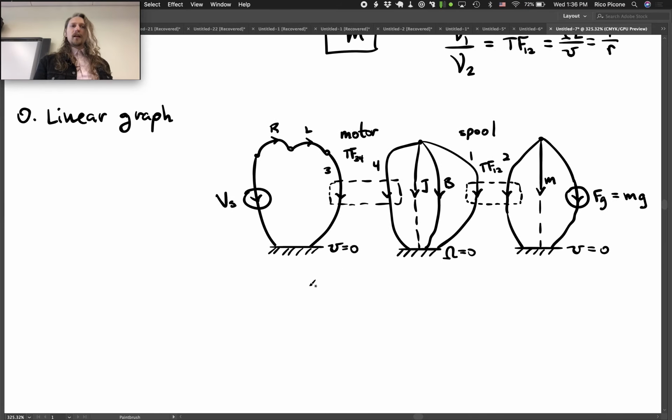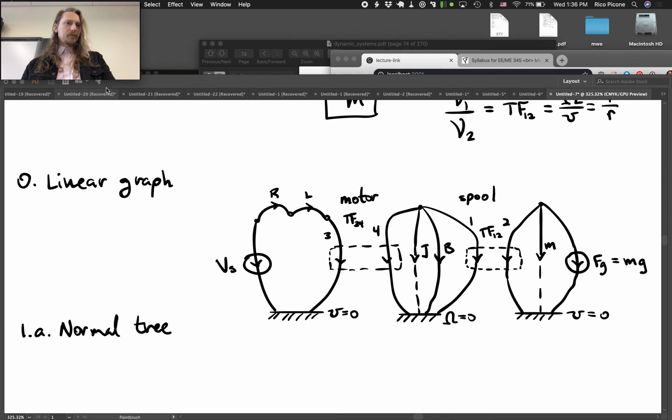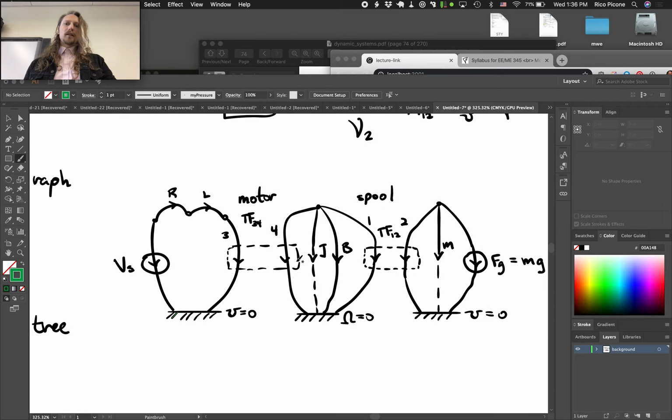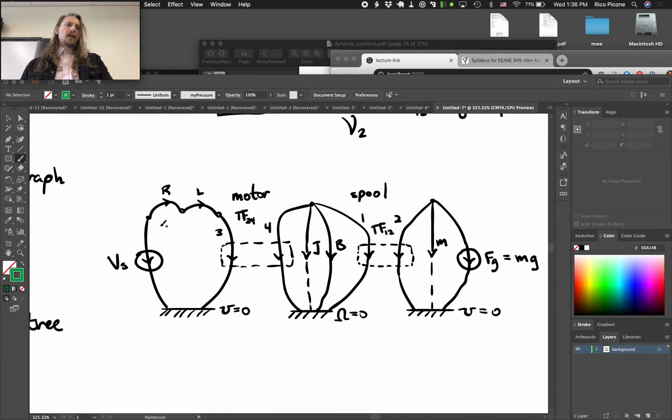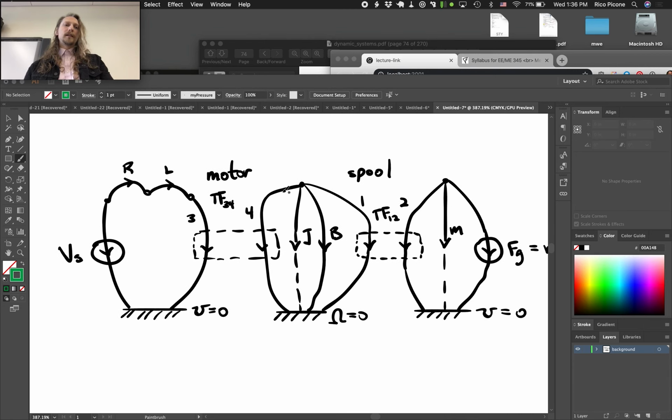And we can then do our state space model. So 1A is our normal tree. Let's go ahead and select the elements for that. So as always, all of our nodes are in it.